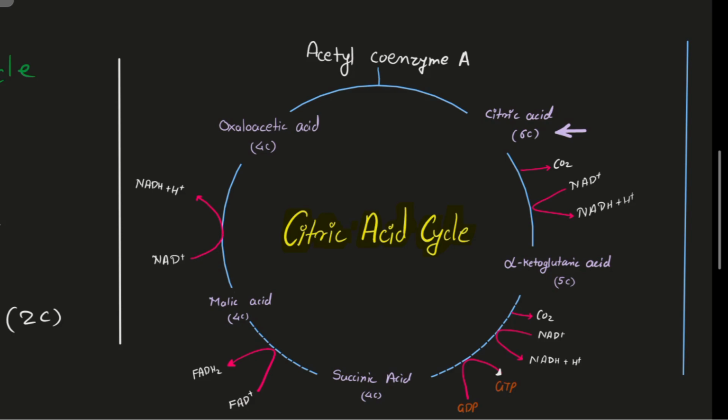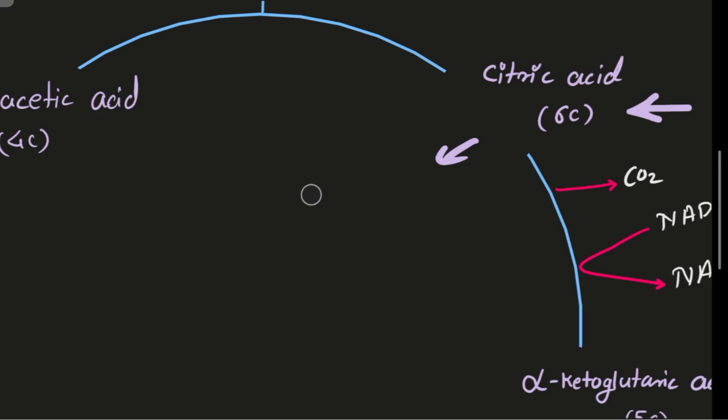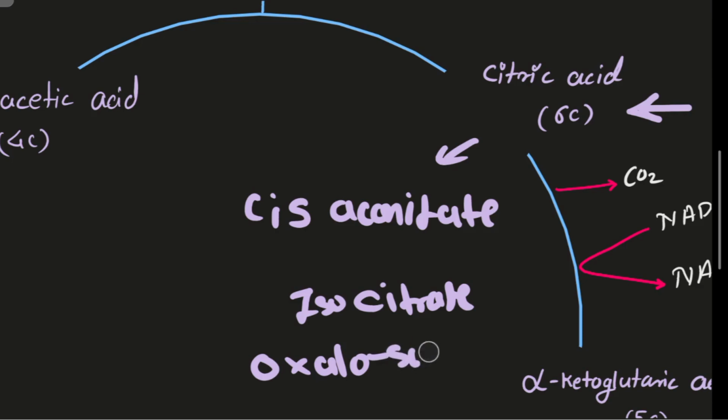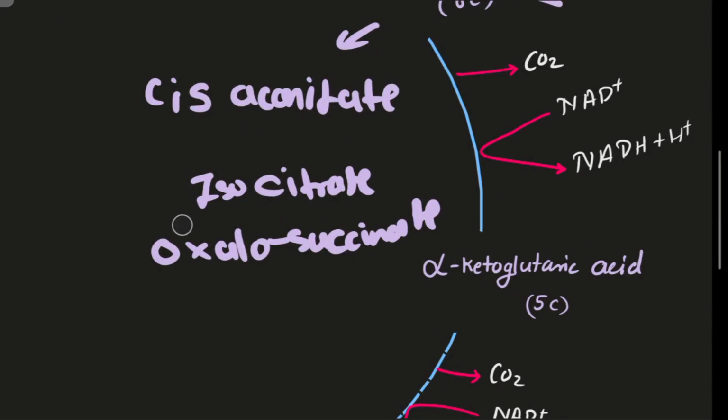Moving further, this citric acid then converts to cis-aconitate, then isocitrate, then oxalosuccinate, and comes to alpha-ketoglutaric acid, which is a 5 carbon compound.